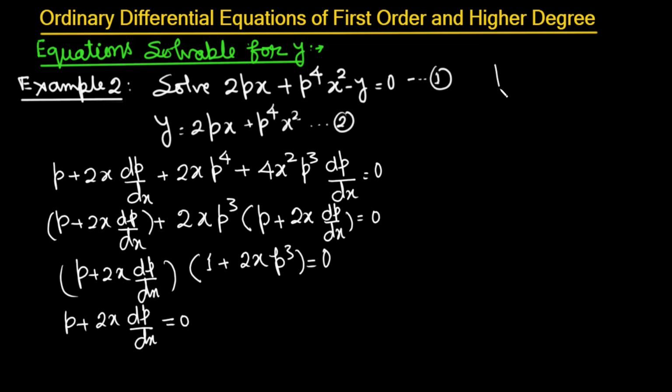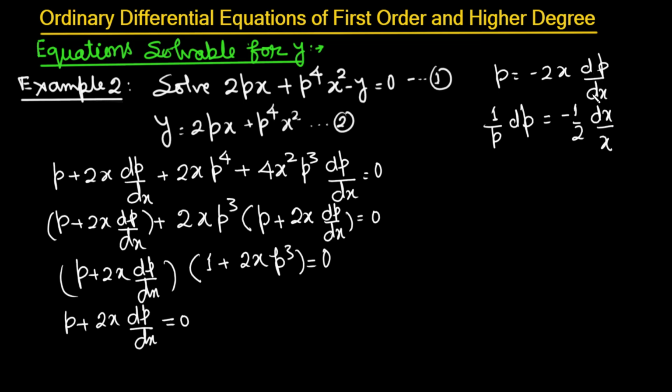We can write it as p equals minus 2x dp over dx. Okay, and now writing it like 1 over p dp. We have brought p on the right hand side, right? So dp over p is equal to minus 1 over 2 dx over x.